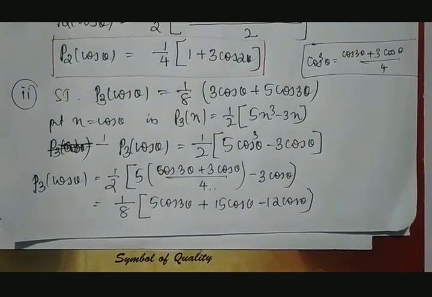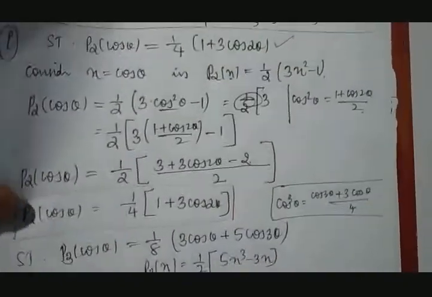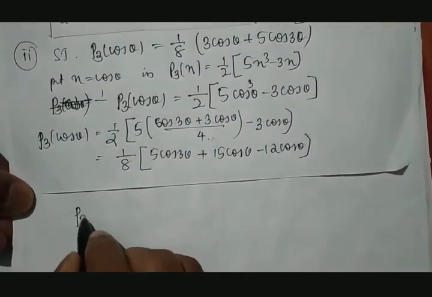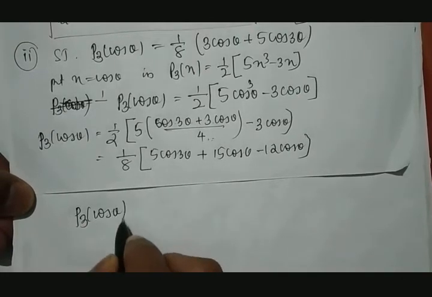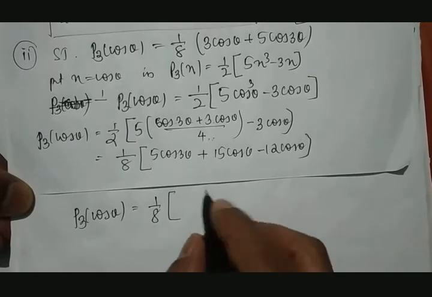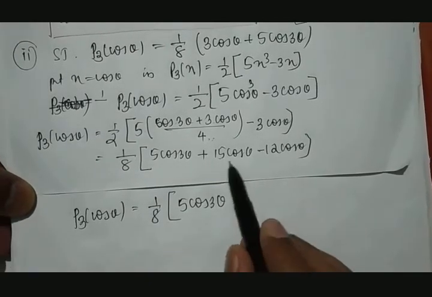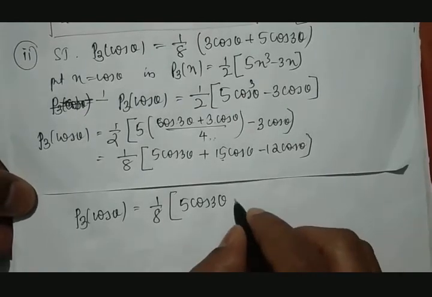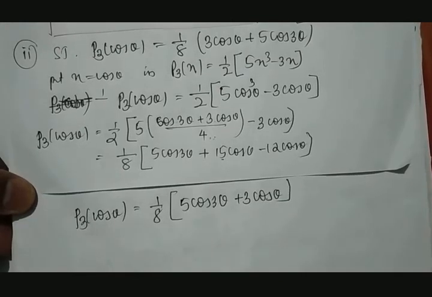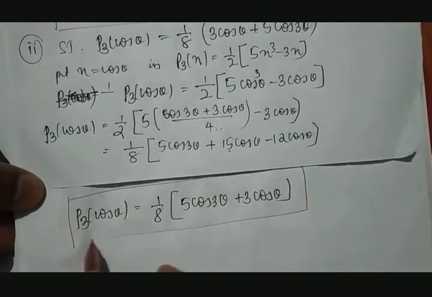Further, P3 of cos theta is equal to 1 divided by 8 into 5 times cos 3 theta, then 15 cos theta minus 12 cos theta will be plus 3 cos theta. So this is again the second required result.